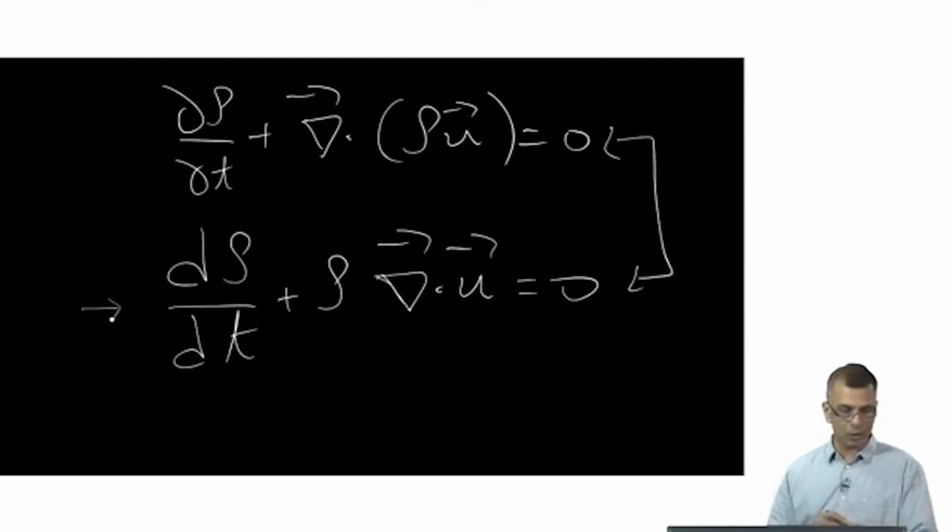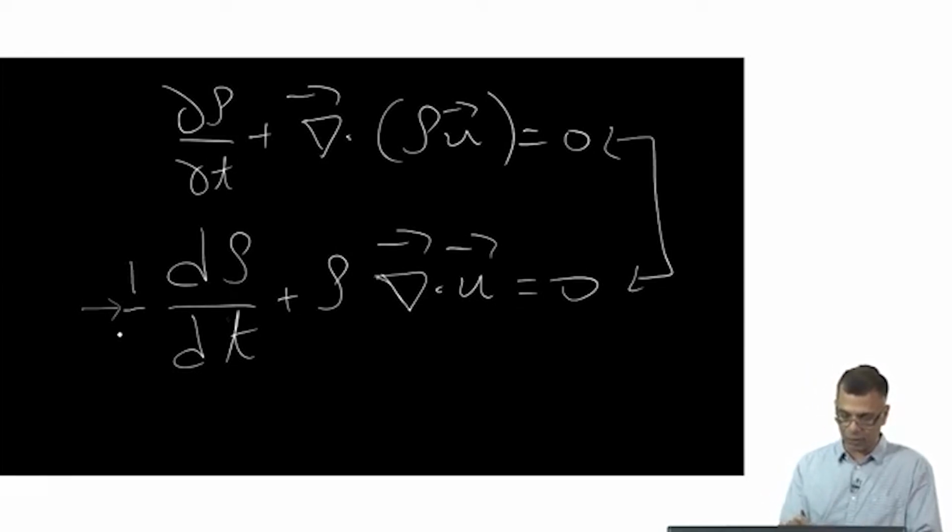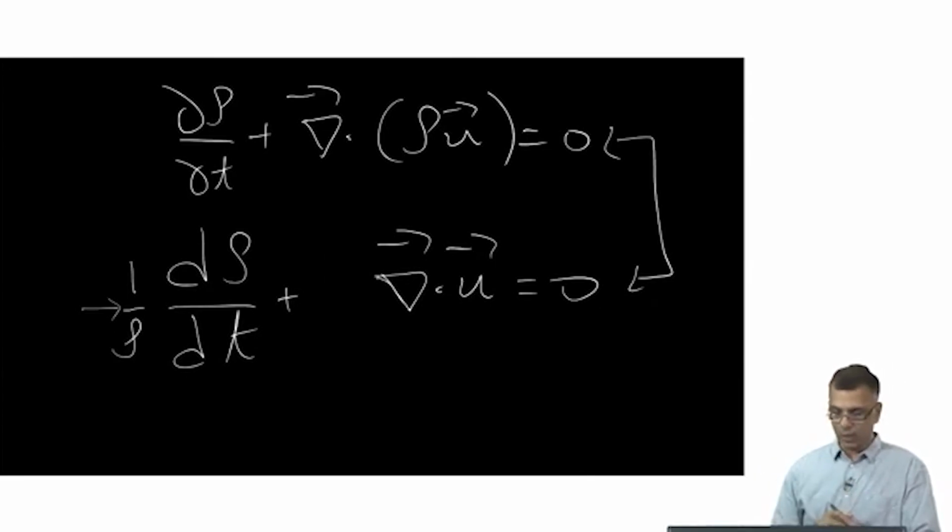So you can divide this entire thing by rho, and you can write 1 over rho here. When you're talking about compressibility, you're talking about a situation where this term is important.